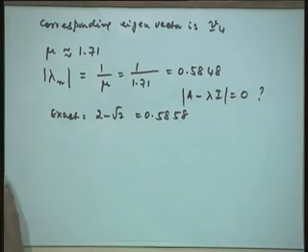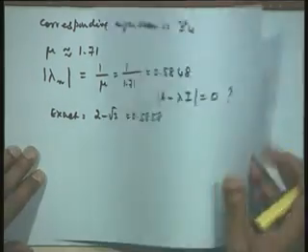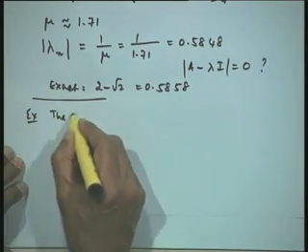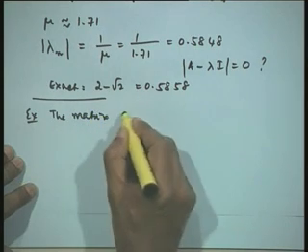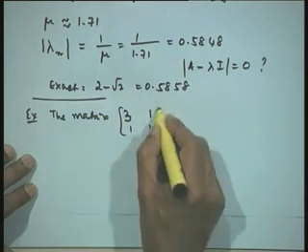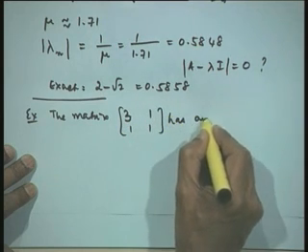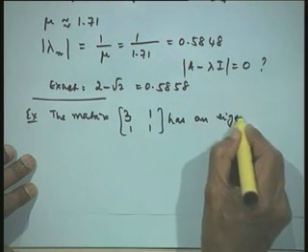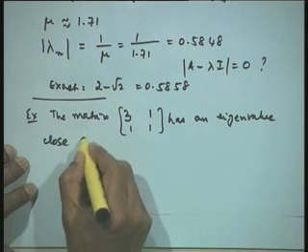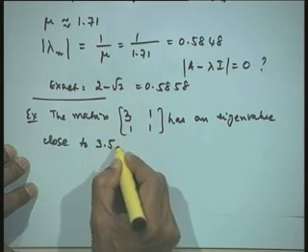Now, let me close this up with one simple example, which I will give you and you can complete it. Let us consider the following example. The matrix 3 1 1 3 has an eigenvalue close to 3.5.